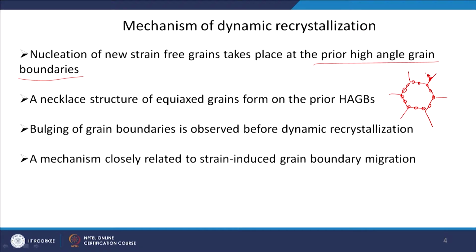So, you will have a bulging at the grain boundary, and this bulge and strain free grain will then grow in the strained matrix. That way it looks very similar to strain induced grain boundary migration. Strain induced means you have a driving force for high angle grain boundary migration because of the difference in strain energy between the region with higher dislocation density and the new strain free grain, which is nucleating and growing and is dislocation free.